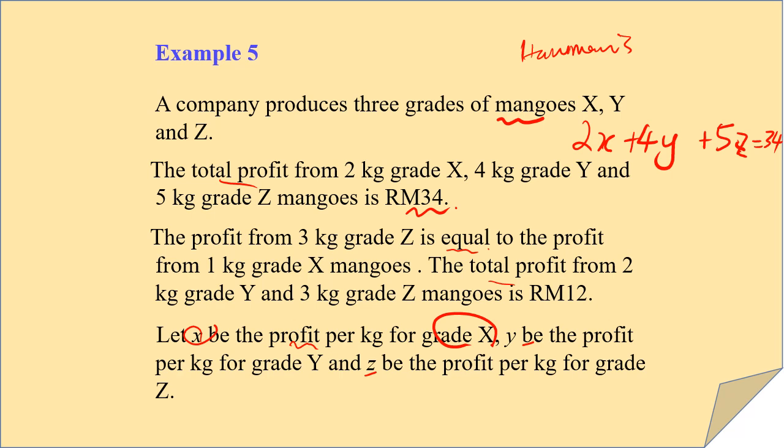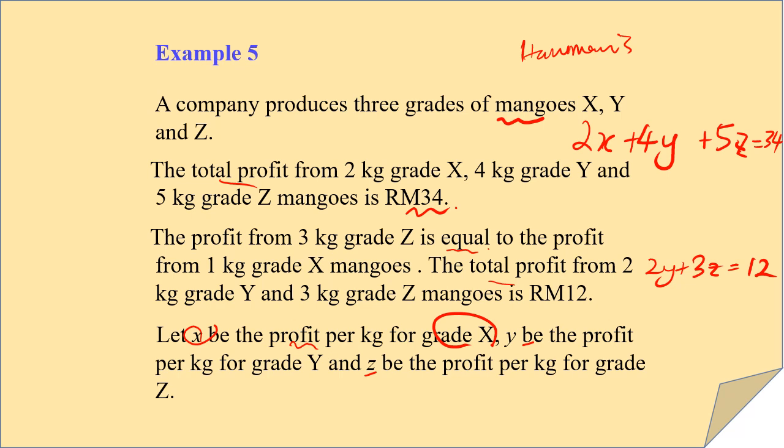Okay, so that's the first equation we found, and then we also know this total profit from 2 kg Y, so 2Y plus 3 kg Z is equal to 12. So where is another equation we should know?